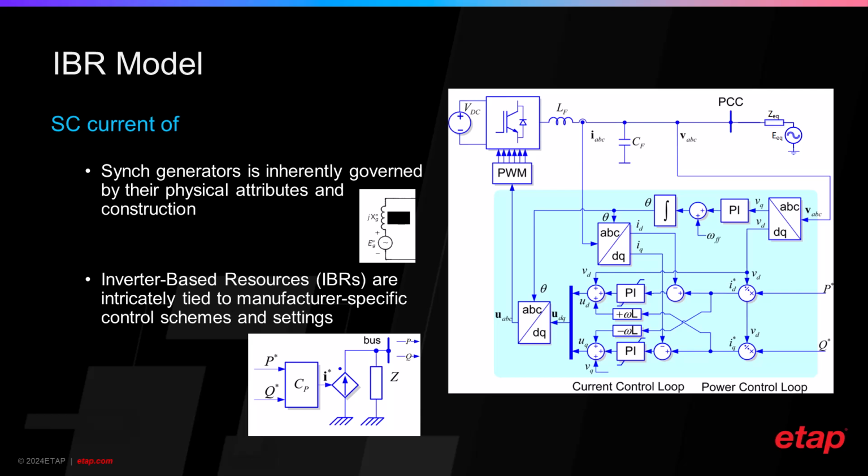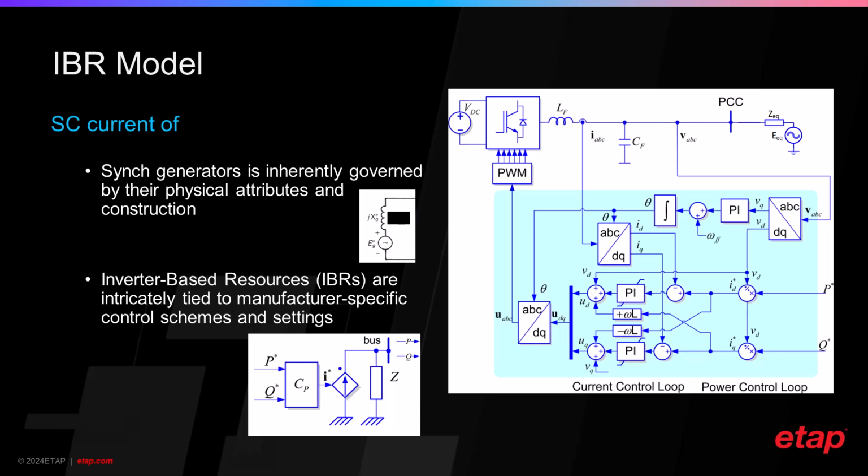Still, we model the IBRs in the phasor-based analysis typically by a current source or a voltage source, Thevenin or Norton equivalent. But specifically for steady-state short circuit analysis, the industry adopted the current source model. Now, as you see on the right-hand side, we have the dynamic model of the inverter.